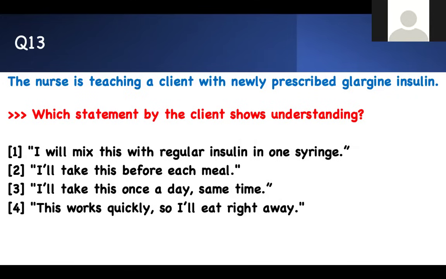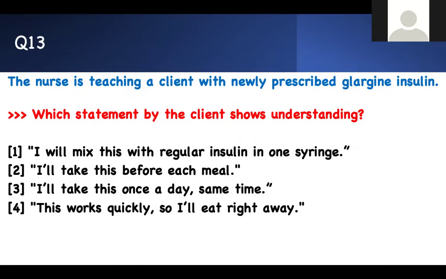These statements are saying things that you already know. But I've changed it. I don't use the words that are supposed to be used, like fast acting, rapid acting, long acting. Those statements are what they mean, put in this form. So NCLEX will do that to you. One thing about glargine you should not forget is it's long acting.